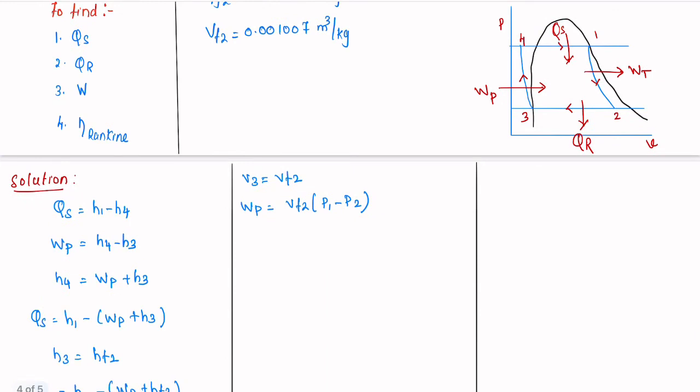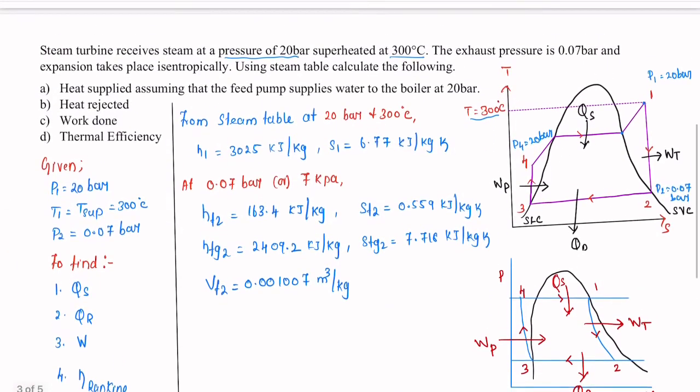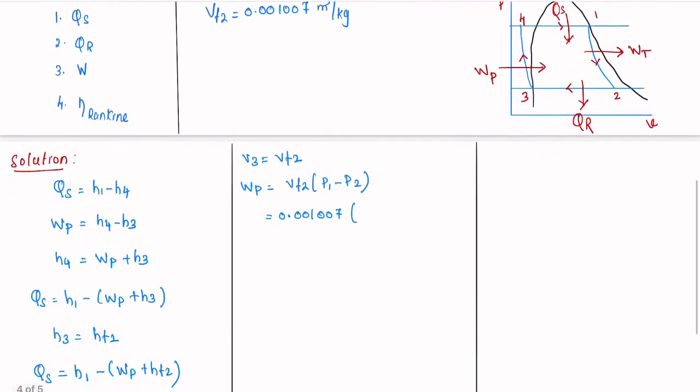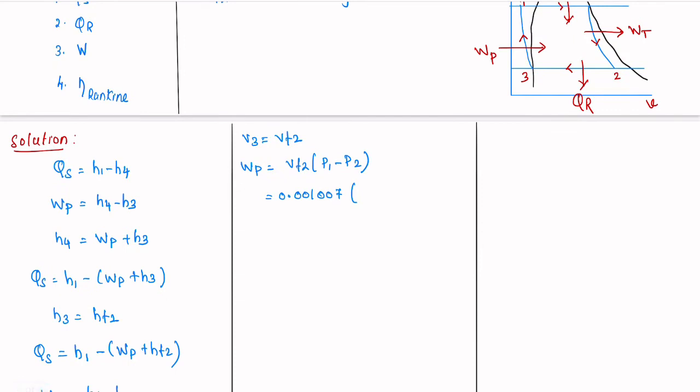By substituting this value, Wp is equal to 0.001007 into (P1 minus P2). The pressures P1 and P2 are given as 20 bar and 0.07 bar respectively. By substituting these values in Newton per meter square, you will get 20 into 10 to the power of 5 minus 0.07 into 10 to the power of 5.